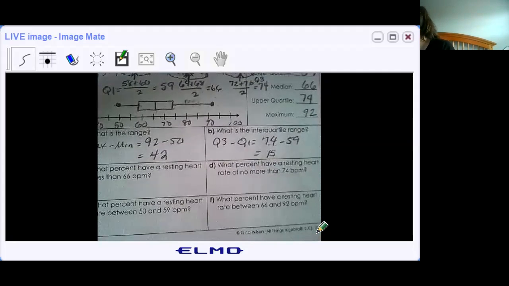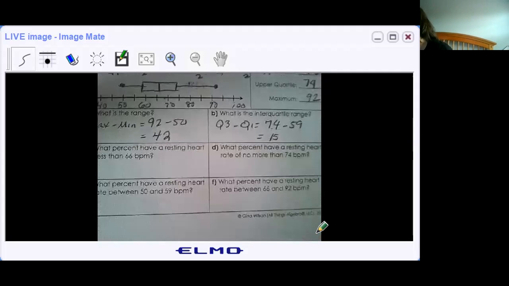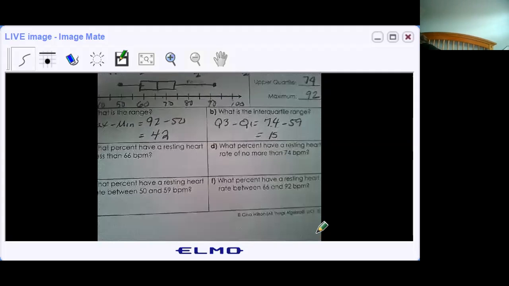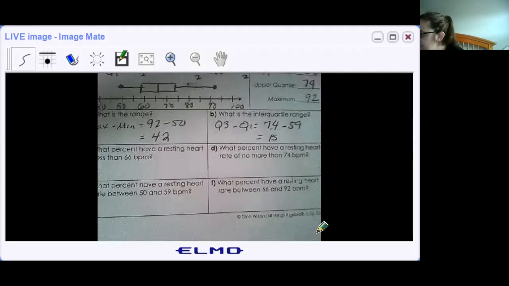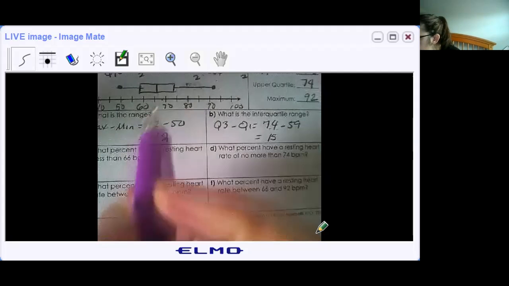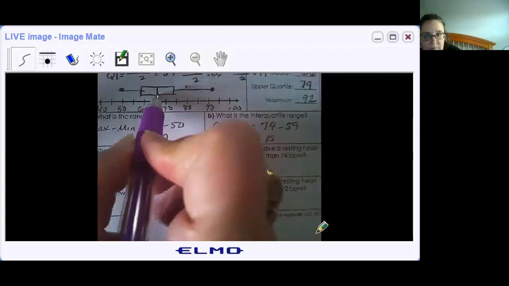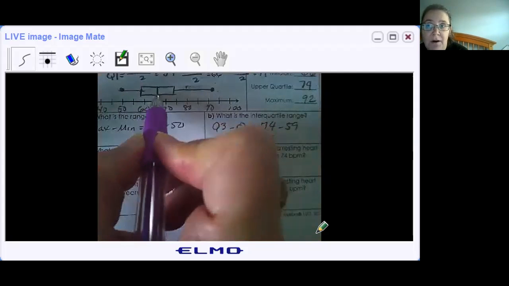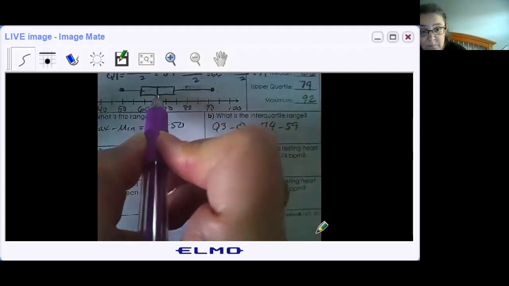Now it says, what percent have a resting heart rate less than 66 beats per minute? Well, 66 beats per minute is my median. So how many sections of this graph are smaller than 66?